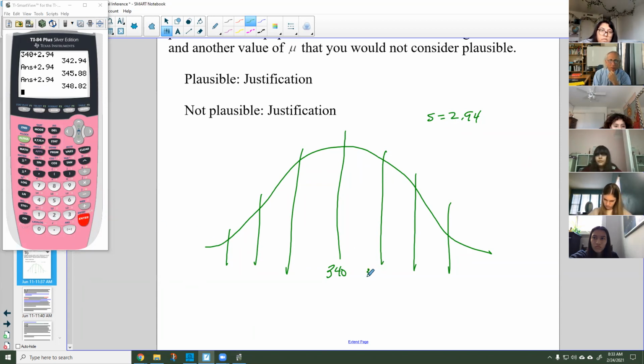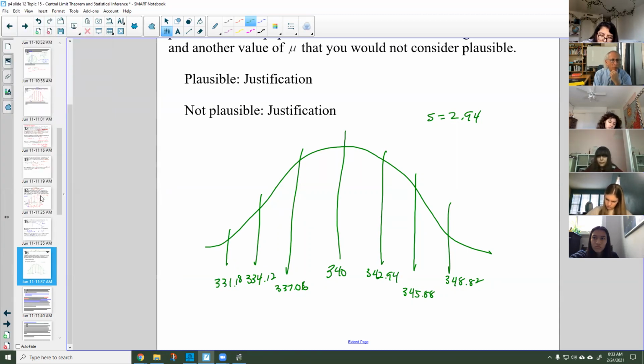So I have 342.94, 345.88, and 348.82, and then 340 minus 2.94 minus 2.94 minus 2.94, and on this side I get 337.06, 334.12, and 331.18.